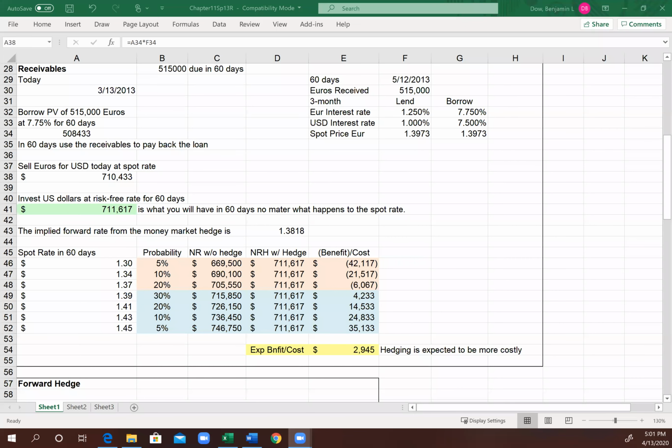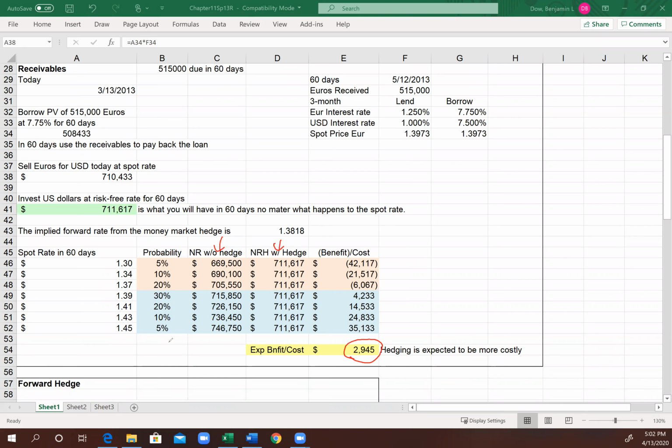So we set up our forecast, we set up the probabilities, we figure out what our receivables are worth without a hedge, figure out what our receivables are worth if we hedge. Then we subtract the difference and find a weighted average.